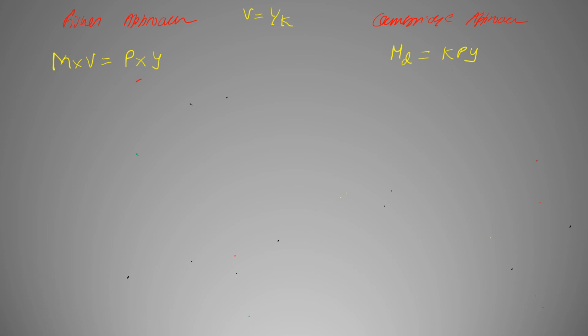Now keeping this same, because it is in the most simplified form, what we can do is MD into 1 by K is equal to PY. Since we are talking about equilibrium, everything is at equilibrium, we have to assume that as well. So MD is equal to MS, and let's assume it to be M. So you can also replace this MD with simply M in order to reduce the confusion that is arising.